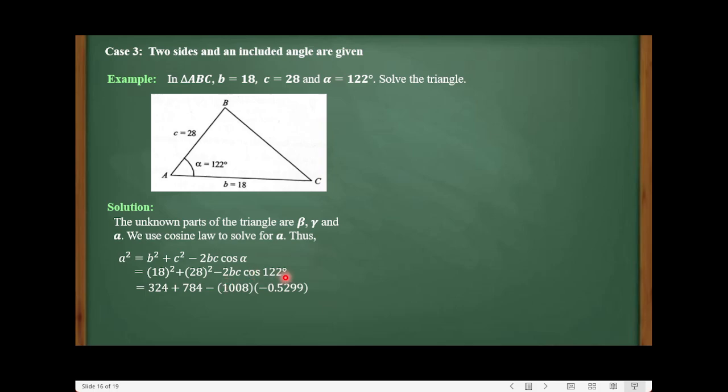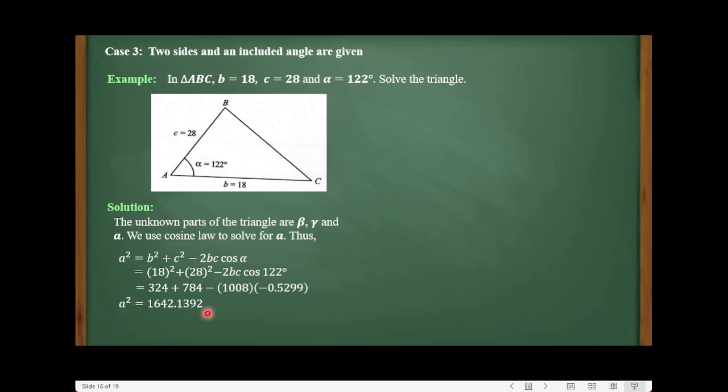Then, from your scientific calculator, press cosine 122, and its equivalent is actually negative 0.5299. Then 18 squared is 324 and 28 squared is 784. Now simplifying this resulting expression further, we have what? 1642 times point 1392, that is your a squared.